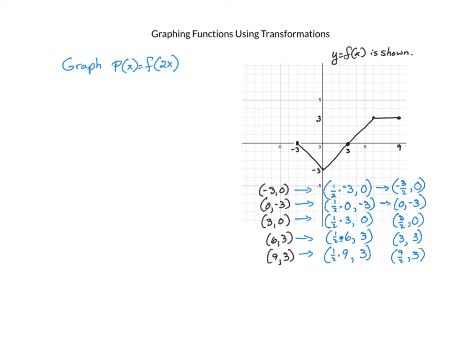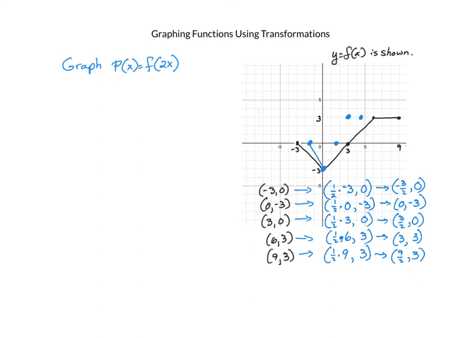Let's plot these on our graph. So -3/2, 0 is -1.5, 0. We have 0, -3. We have 3/2, 0. We have 3, 3. And we have 9/2, 3, which is 4.5, 3. And now we'll draw in our graph.